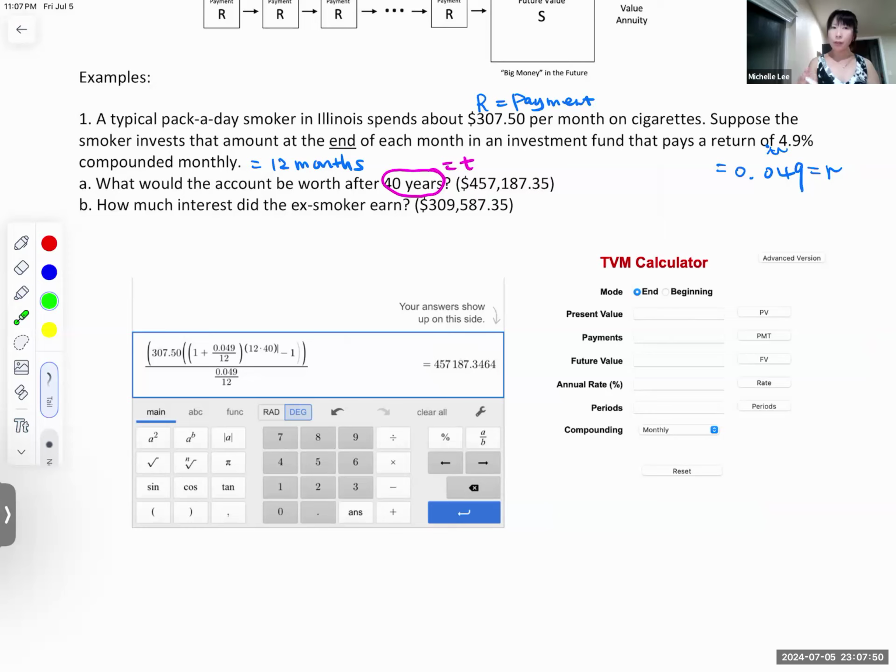You are free to use this calculator rather than doing it by hand, because this one takes a lot of time, right? Okay, so let's just Google it. TVM calculator.